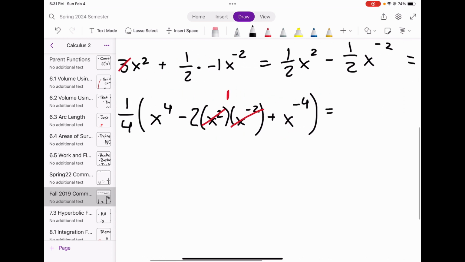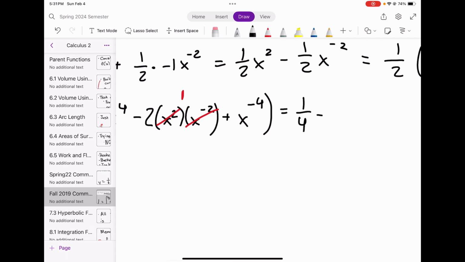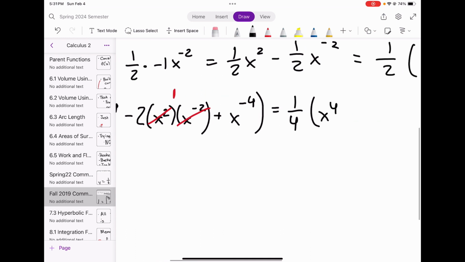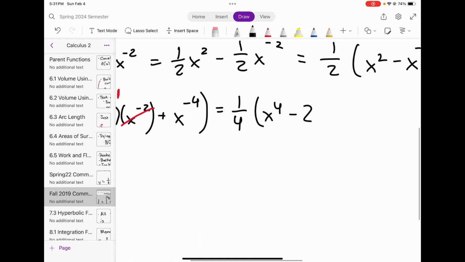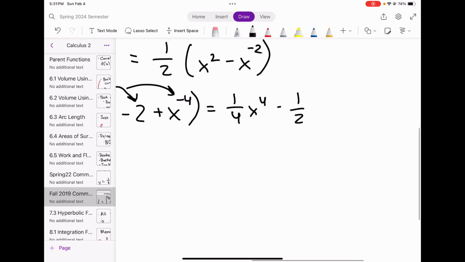So I'll just rewrite this: 1/4 times x to the 4th minus 2 plus x to the -4th. And for the last step here, I'm going to plug these right back in and distribute this 1/4 as well. So 1/4 x to the 4th minus 1/2 plus 1/4 x to the -4th.